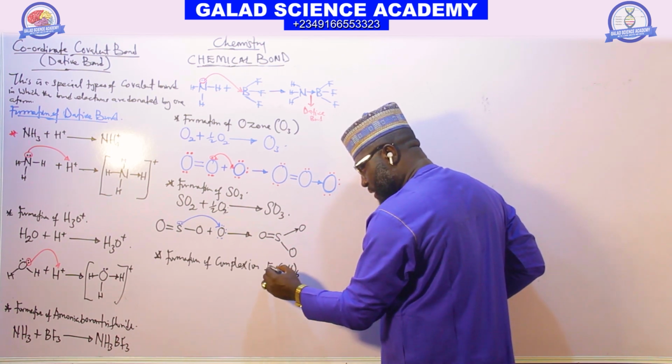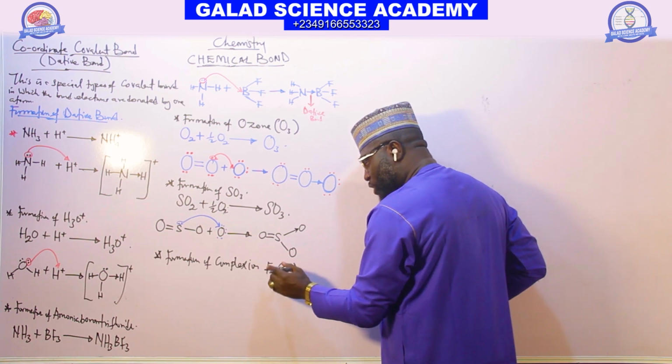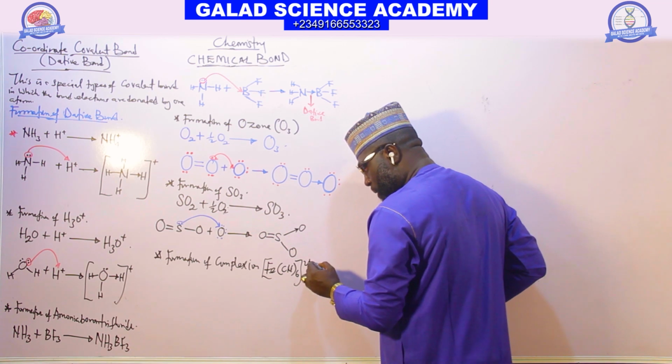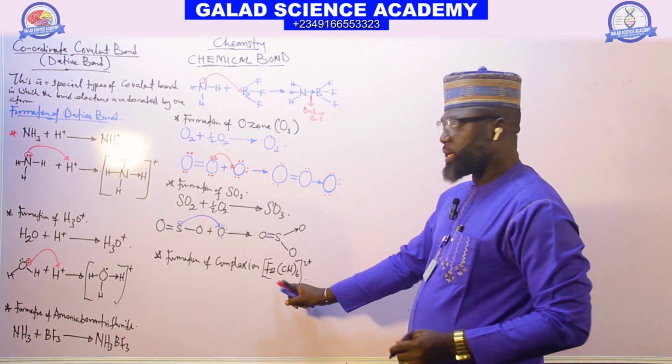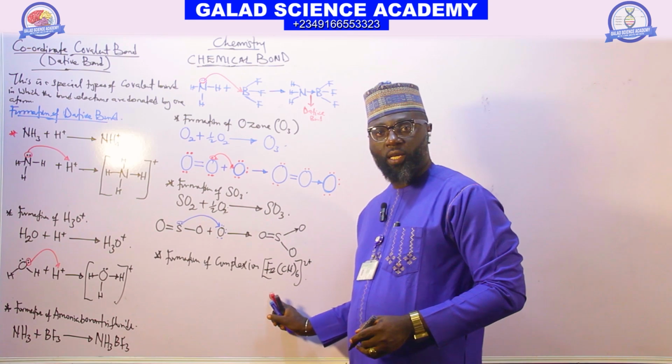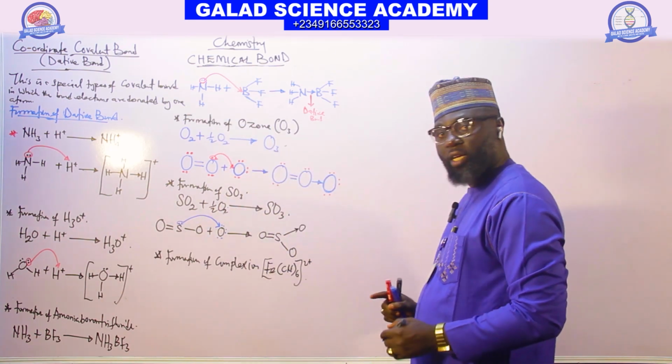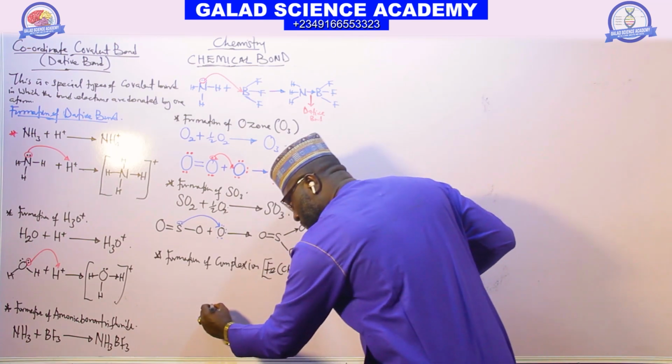See this kind of ion, formed by what? They form by dative bonds. So you have something like this as the structure.